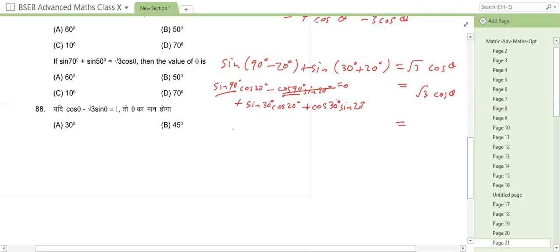So we have cos 20, sine 30 is half, plus half cos 20 plus root 3 over 2 sine 20 is equal to root 3 cos theta.